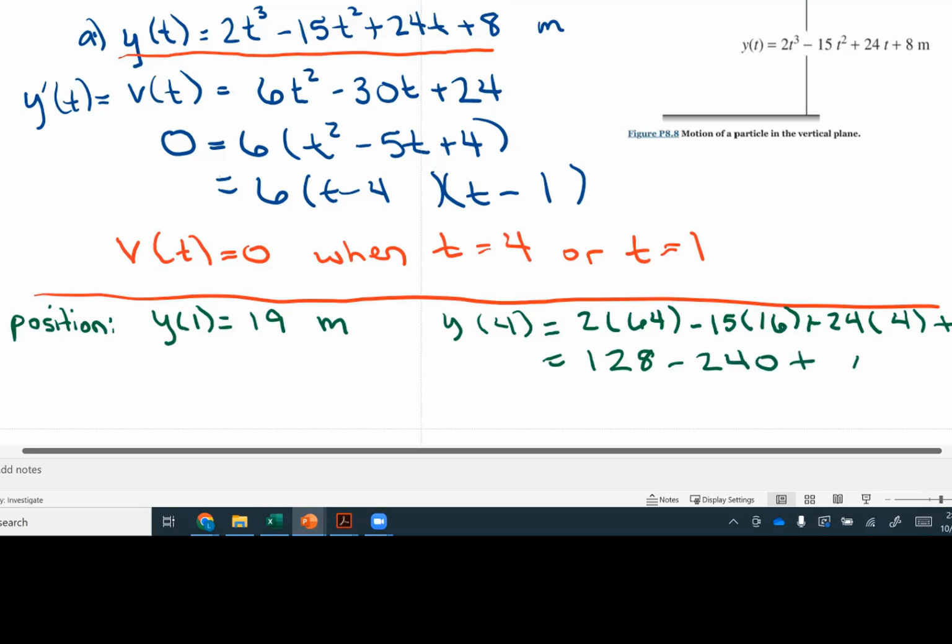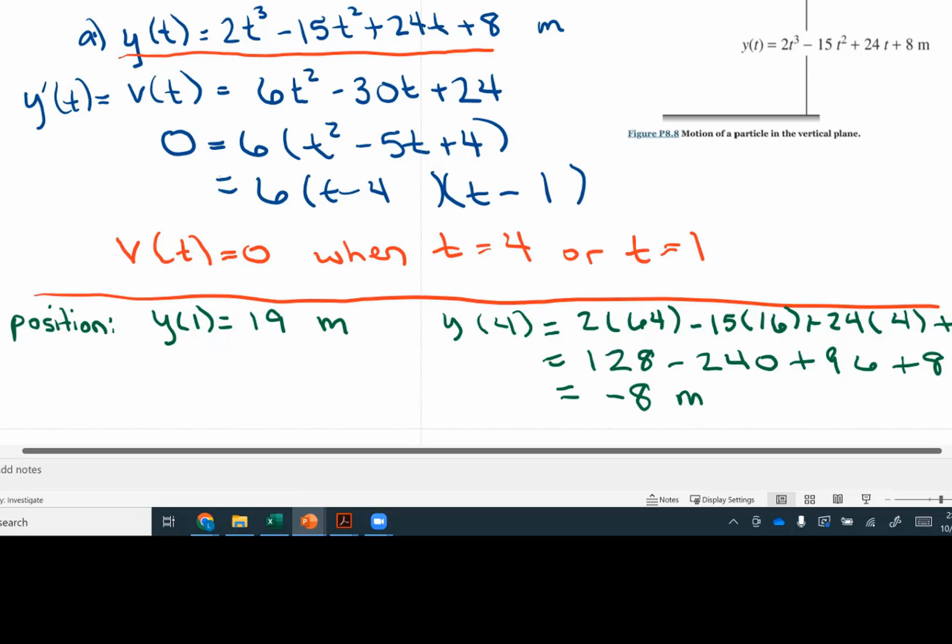Plus 96 plus 8. 96 plus 8 is 104. 104 and 128 is 232. So negative 8? That's what I got. All right, not too shabby. So there's 2 places where the velocity is 0. One is when our position is at 19 meters, and one is when our position is at minus 8 meters.